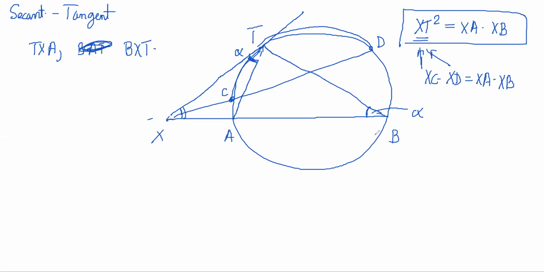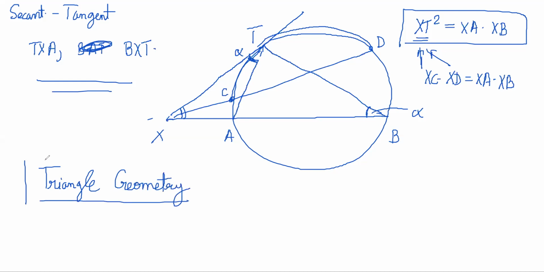Okay, so now we have come to everything that was done in 9th and 10th grade. This is all the geometry that will be there in 9th and 10th grade, and actually a little more than that. Now we come to triangle geometry. I think this will be a good time to pause for today. I will send you a worksheet which will cover all of these ideas.